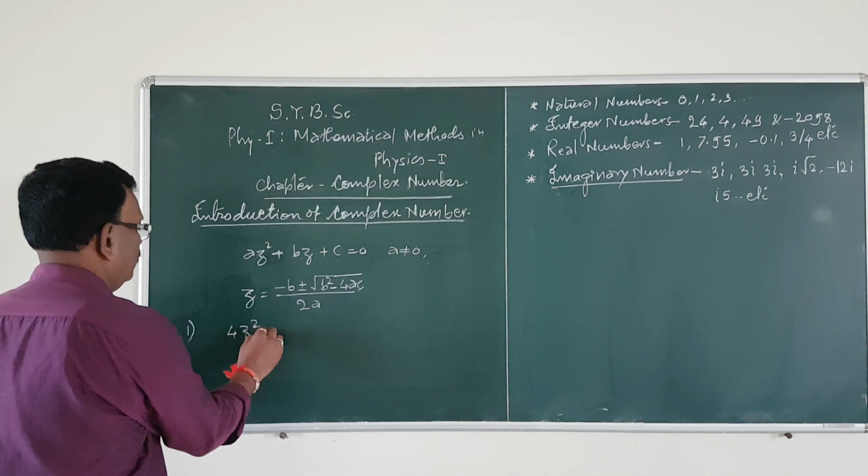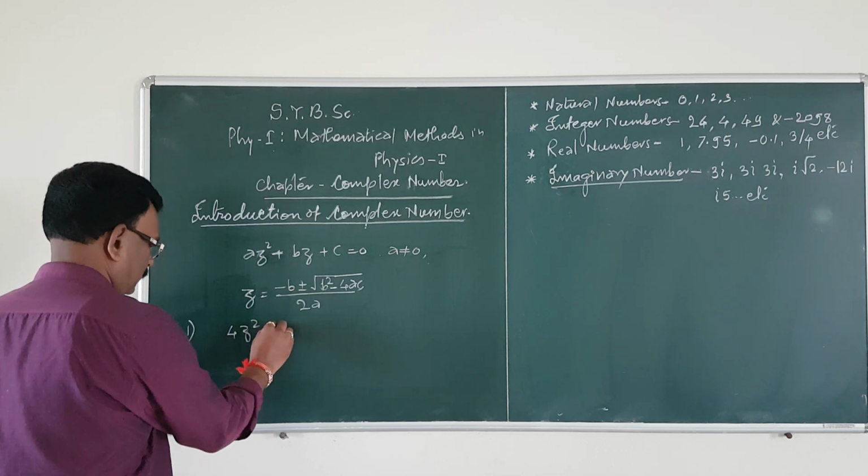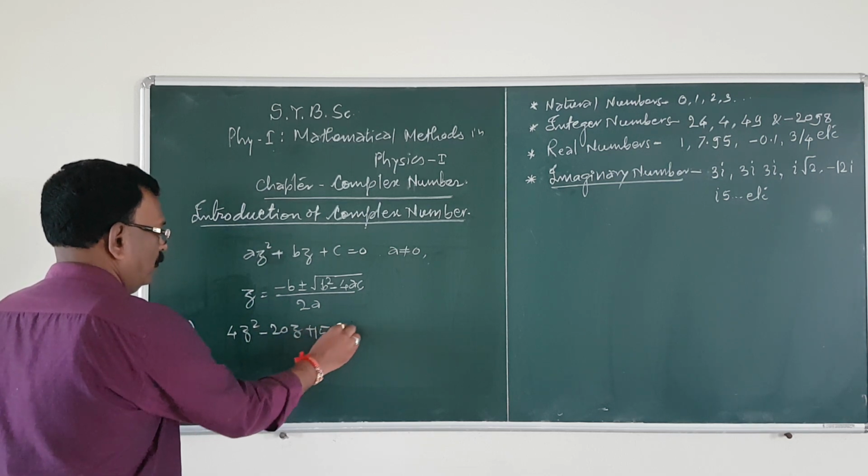4z square minus 20z plus 15 is equal to 0.